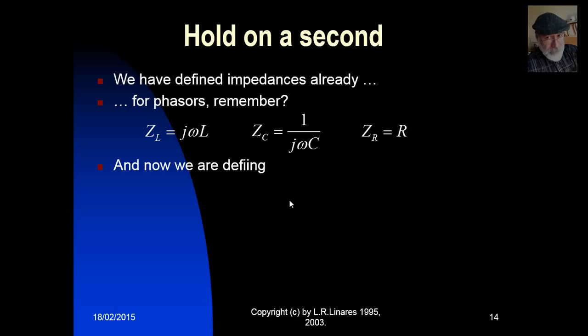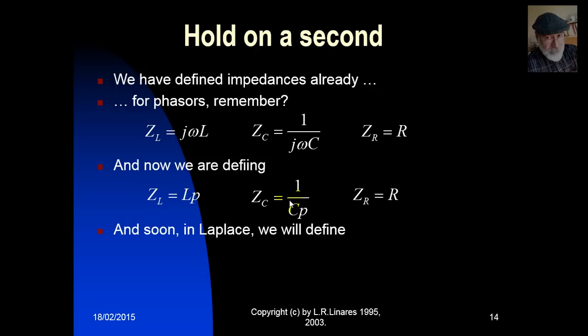But right now, we have redefined them: the impedance of an inductor is LP. In the P domain, the impedance of a capacitor is 1 over CP, and the impedance of a resistor is R. But that is not all. Soon enough, in only a couple of weeks, in the Laplace transform domain, we will redefine the impedances again.